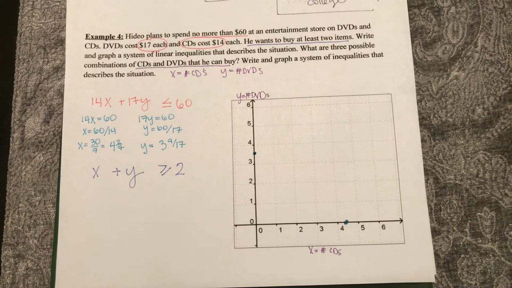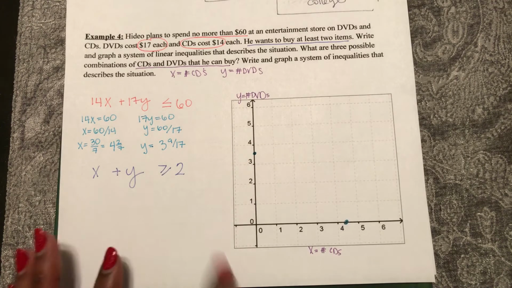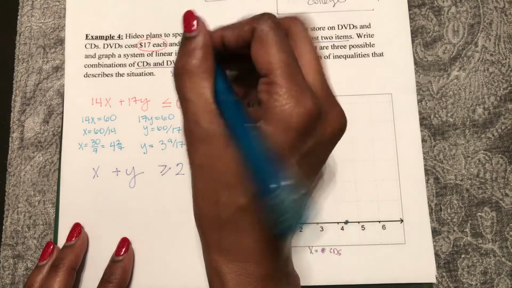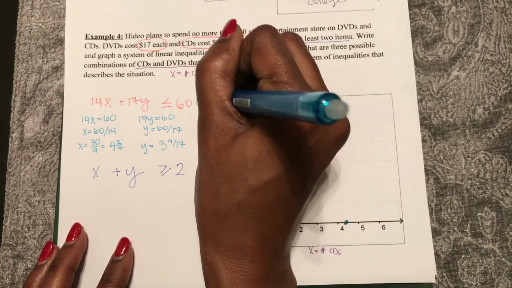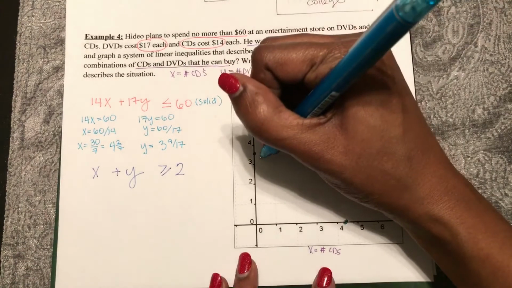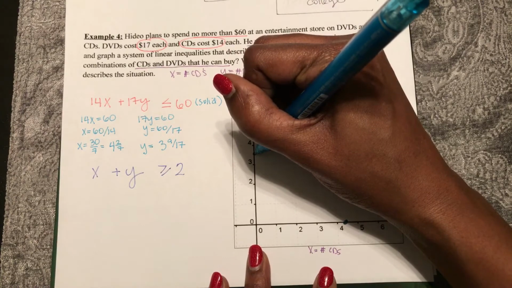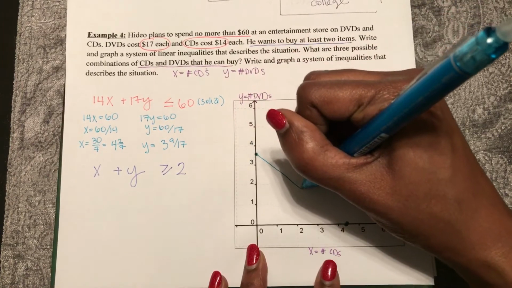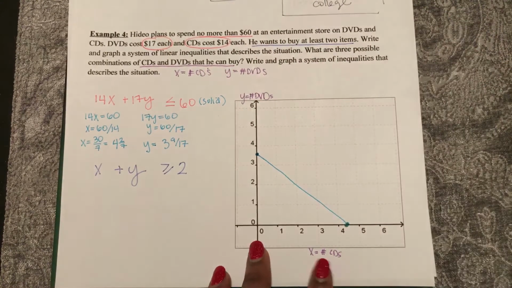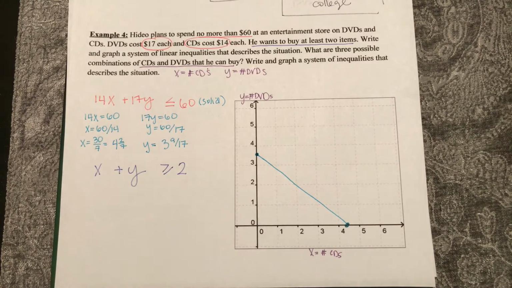So now I want to draw what kind of line through this. I know I want a solid line, so I'm going to try my best to draw a solid line through those points. Perfect. I'll worry about my shading later.